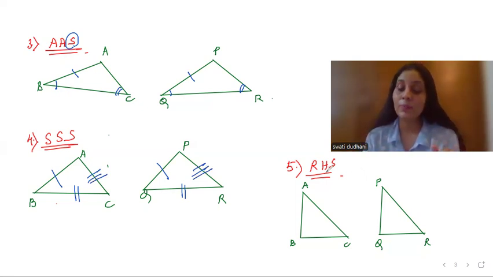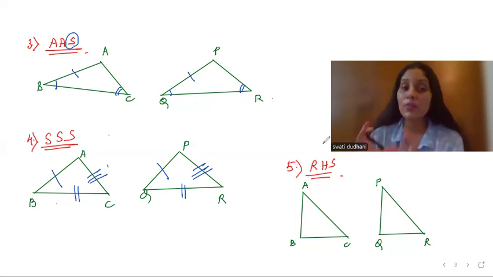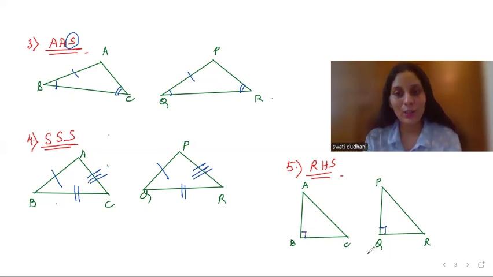Last, very important, RHS. Now all these triangles that we saw were normal triangles, but RHS specifically is for right angle triangles. Also, one more thing, not all right angle triangles will be RHS, because to use RHS you need to satisfy all the three. So R is what? Right angle. Angle B equal to angle Q. H is the hypotenuse.